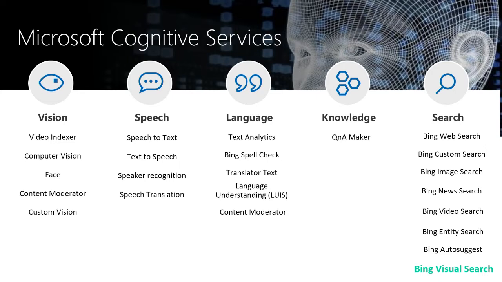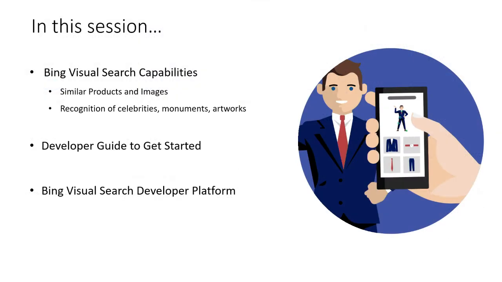We've got aspects around vision, around speech, language and text analytics, understanding sentiment and what people are talking about, and search, which is closest to our team, since that's what we work on the most, and what we're talking about today in Bing Visual Search.